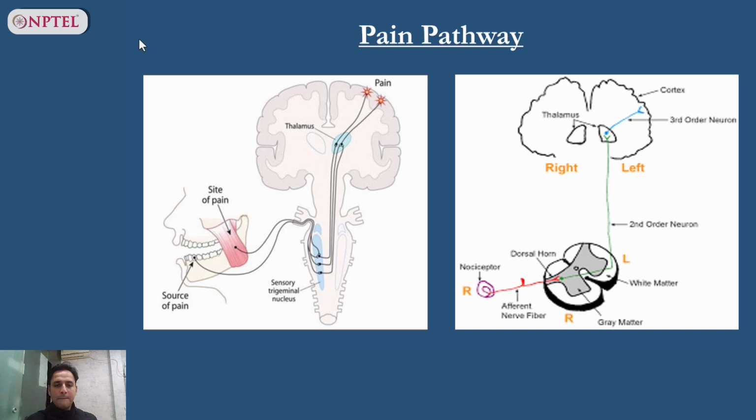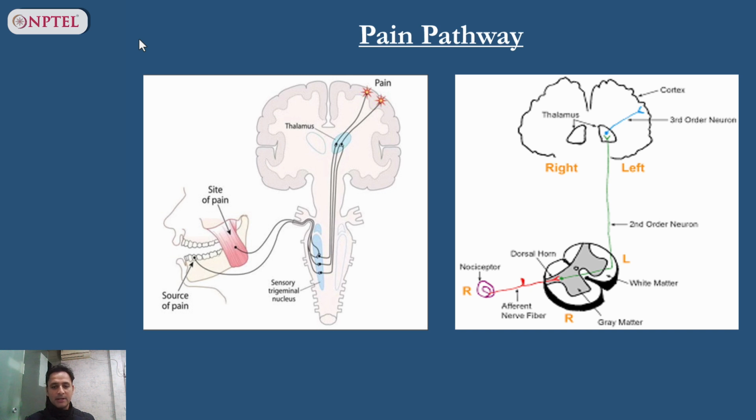This is a comparison of the pain pathway for the trigeminal system and the pain pathway in general. In general, if you look at the pain pathway, the various peripheral sensory nerves conduct the pain. The first order neuron will terminate in the dorsal horn, whereas the first order neuron in the trigeminal system terminates in the lower end of the spinal sensory nucleus.